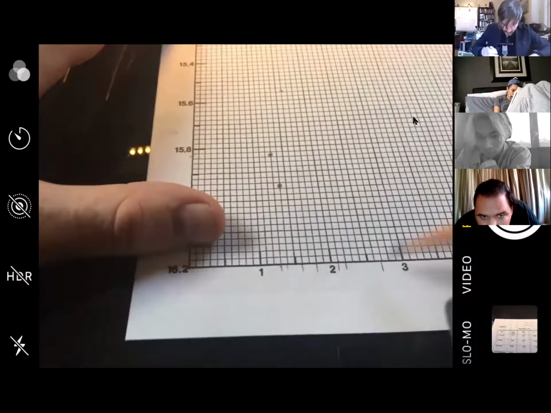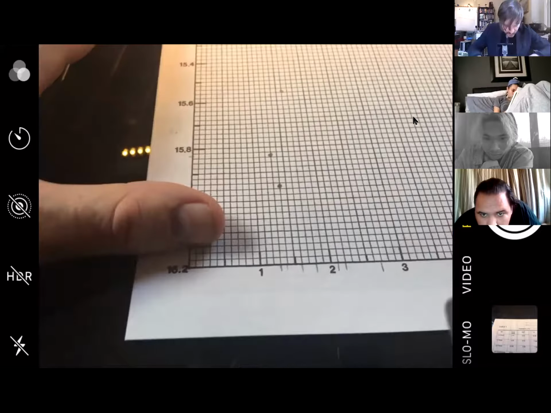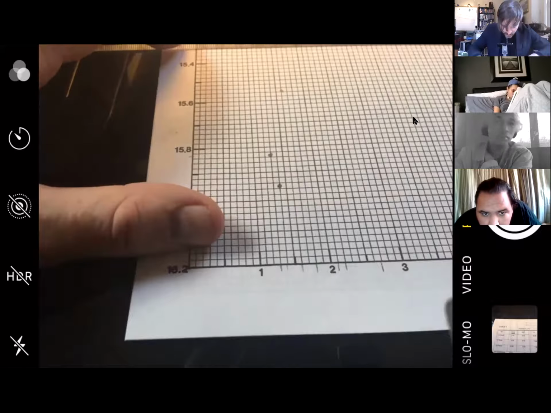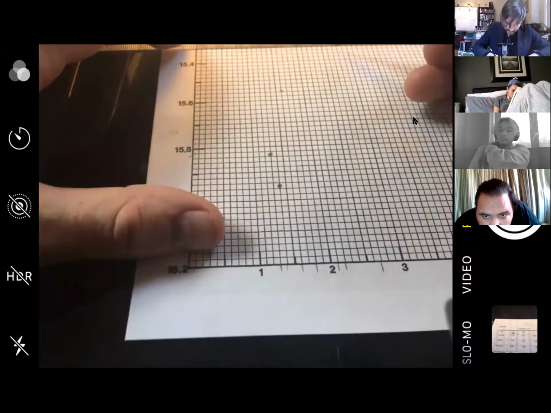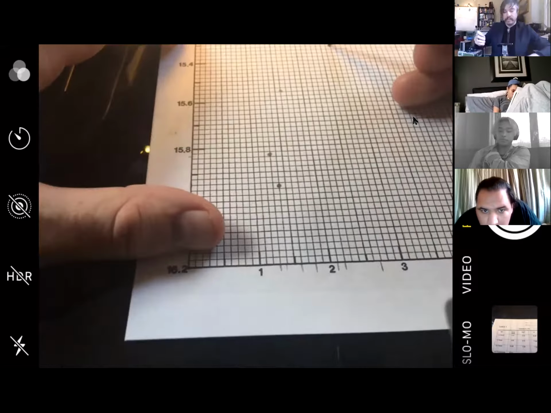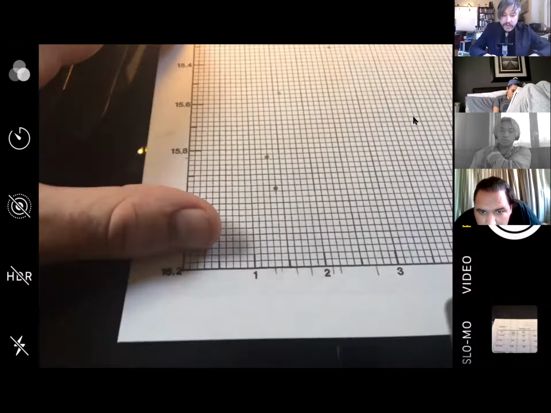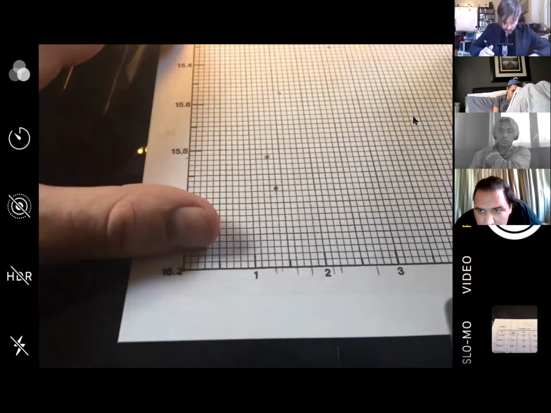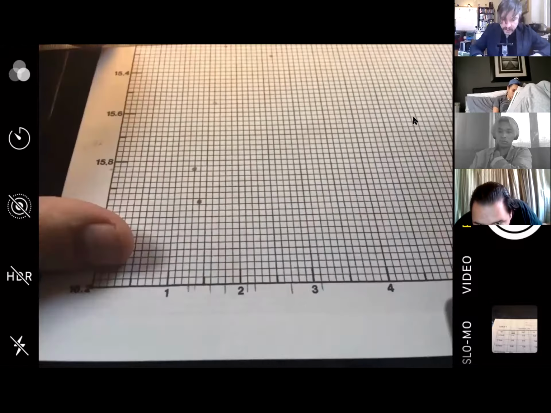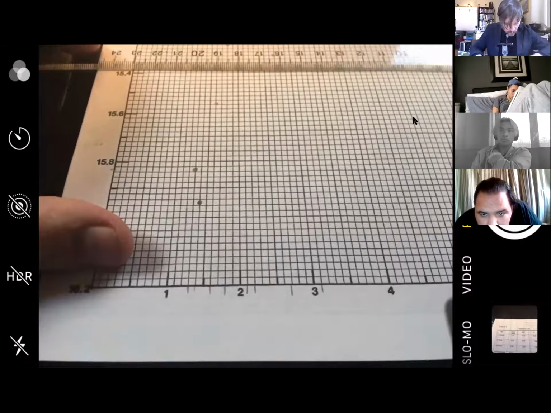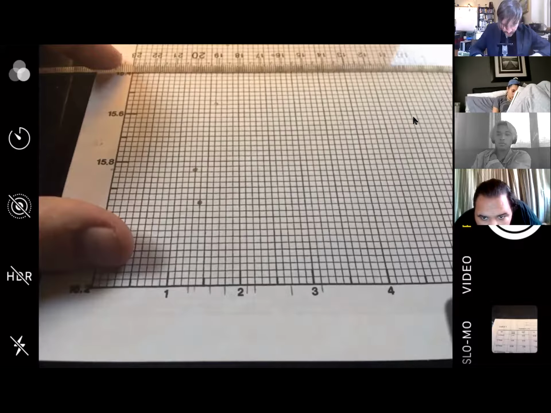This is 2.7, 15.32 would be there. Bam. 3.2, 15.41. There's 3.2, and 15.41 is halfway in between this box and the next box.